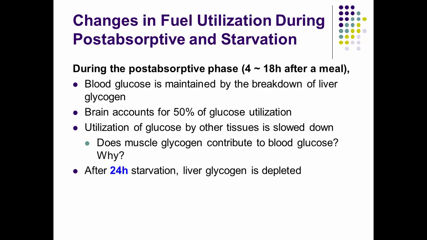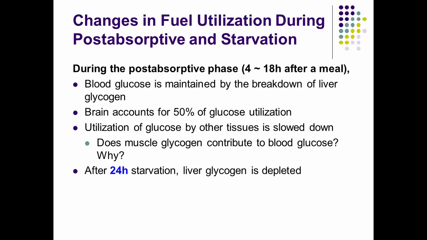During the post-absorptive phase, for example 4 to 18 hours after a meal, which we usually define as phase 2, blood glucose level is maintained basically from glycogen breakdown. Liver glycogen breakdown is the most important source of glucose.